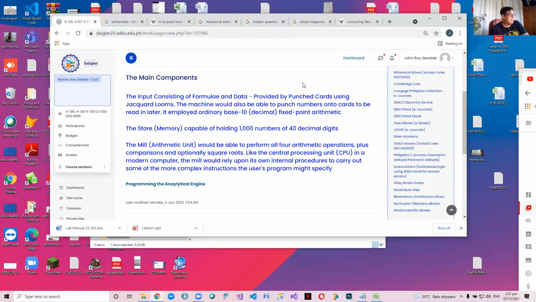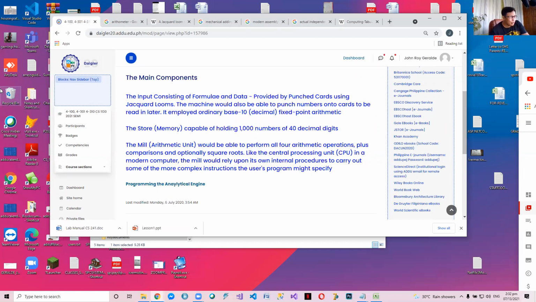And it uses base 10, decimal numbers, not binary. We will study later the effect of this. It's very difficult to implement if you have a decimal computer. So the first component is the Jacquard loom, which stores the program.